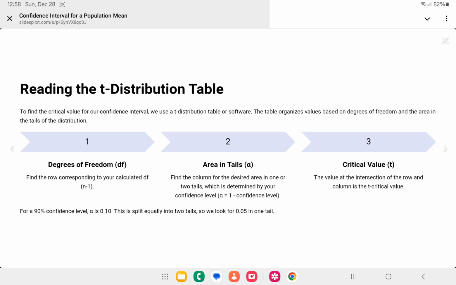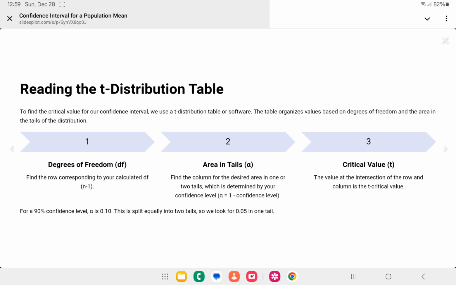In constructing the confidence interval for a population mean, given the sample standard deviation, the margin of error is given by this formula, where t alpha over 2 is the critical value. That is the value we look up in the table or obtain using software with degrees of freedom n-1. S is the sample standard deviation and n is the sample size.